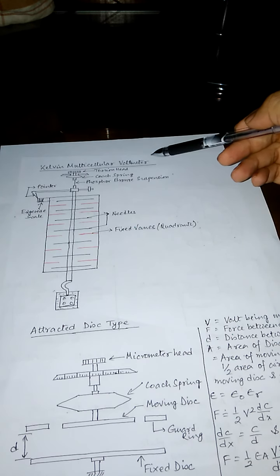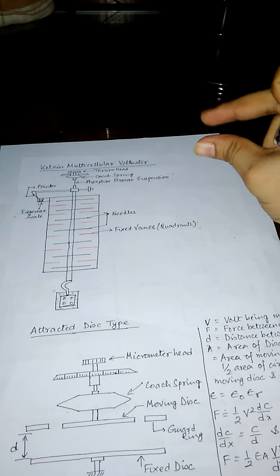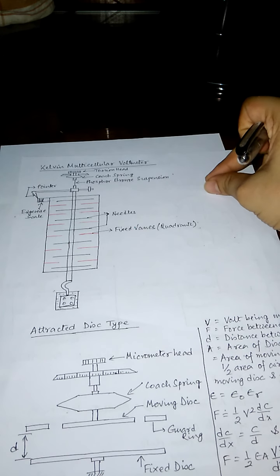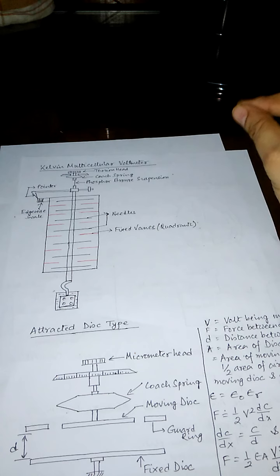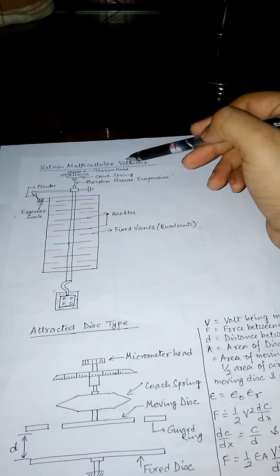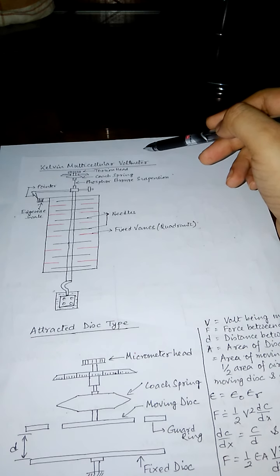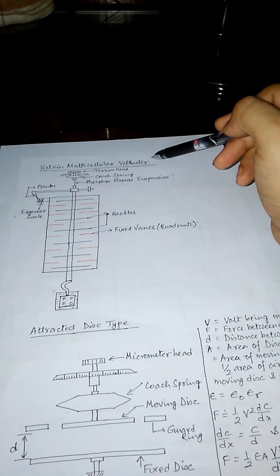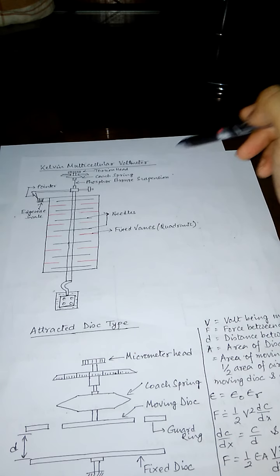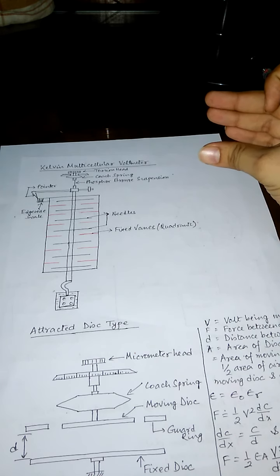This type of voltmeter is used for low voltage applications. We know that the electrostatic meter is only applicable for higher voltage, but this is an exception: the Kelvin multicellular voltmeter can measure voltage in a low range.